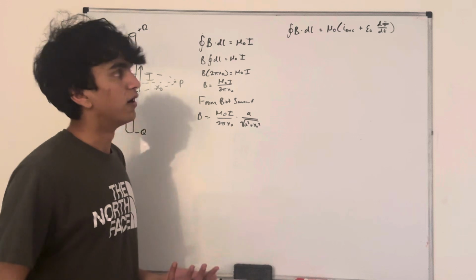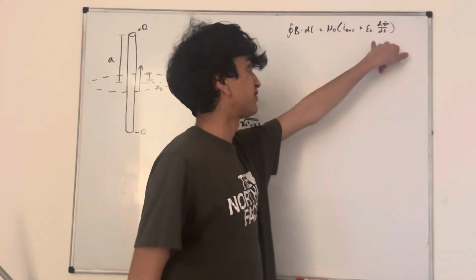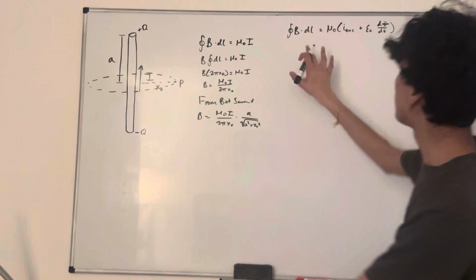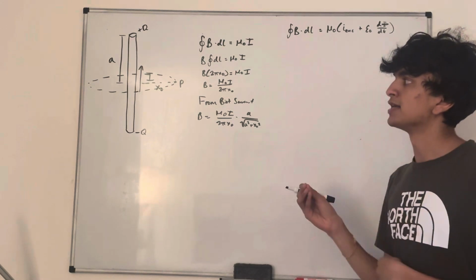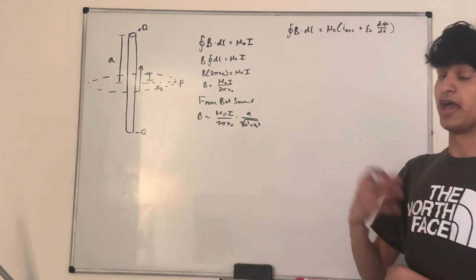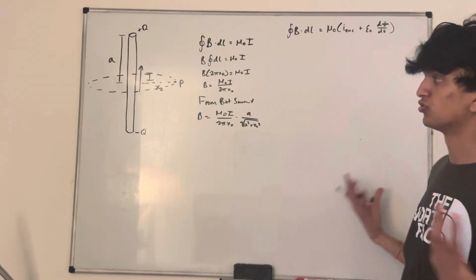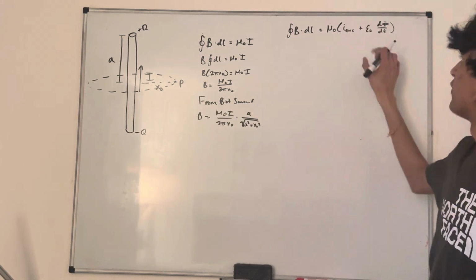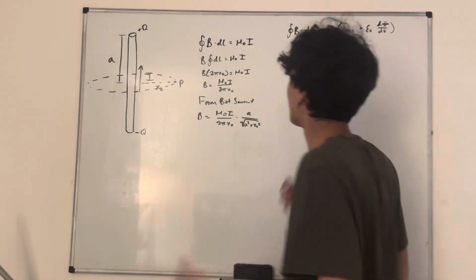So we just need to find the flux as a function of time through this Amperian loop, through the path we're going to integrate, and then we can eventually find the magnetic field, once I find the flux and the rate at which it changes. So let's just find the flux.